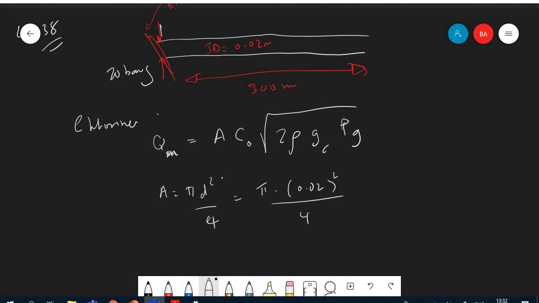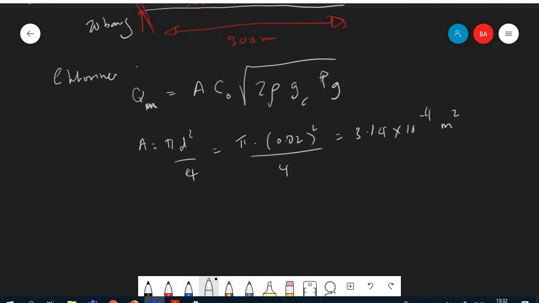Here for the area of the hole, I'm considering the internal diameter. So pi d squared over 4 is equal to 3.14 times 10 to the power minus 4 meters squared. And for C0, I'm going to say this is sharp edged, so C0 is equal to 0.61. What else do I need? I have the Pg already given to us. Let me look.